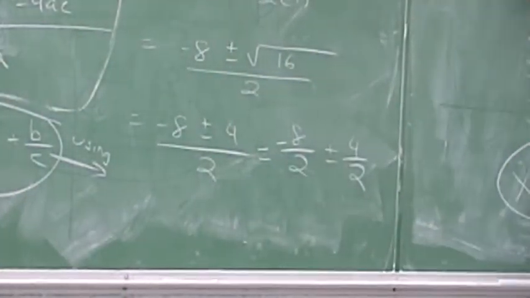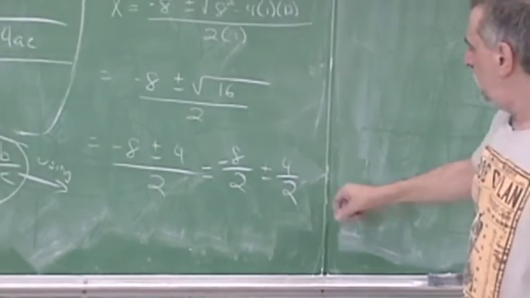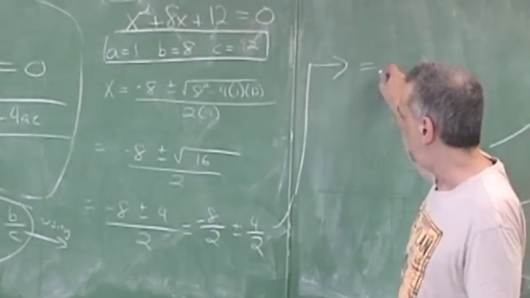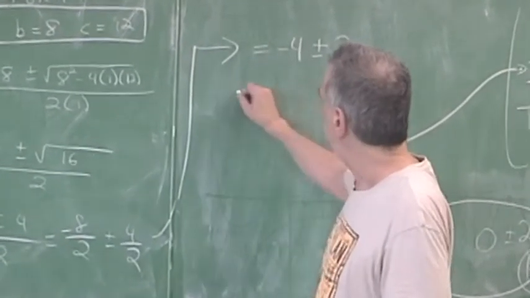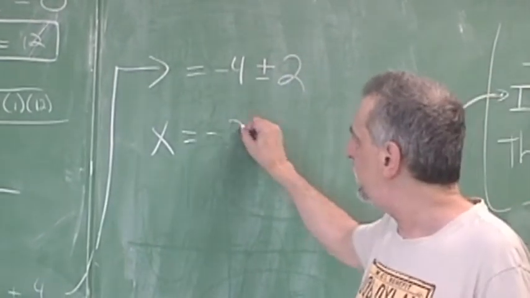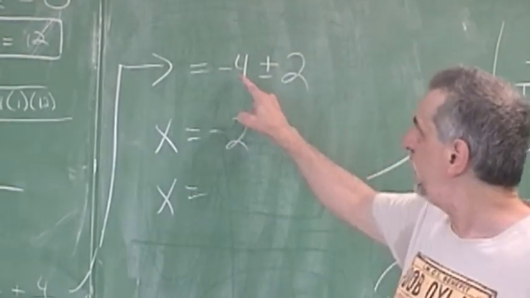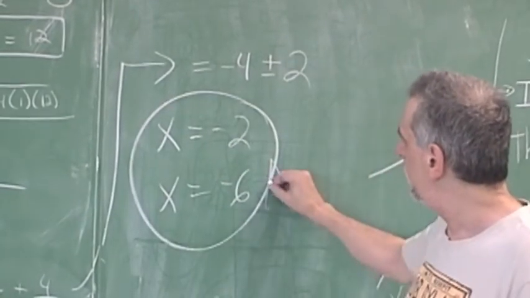And those are nice, easy numbers to figure out. So we finish that off and say negative 4 plus and minus 2. So we get two answers. Negative 4 plus 2 gives us negative 2, and negative 4 minus 2 gives us negative 6.